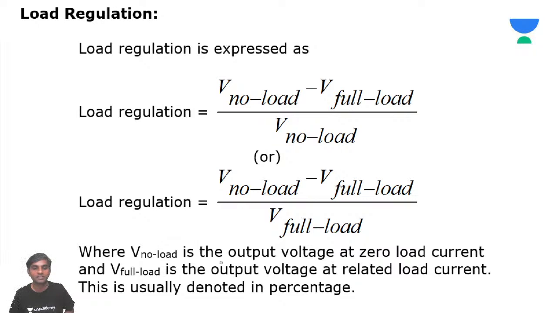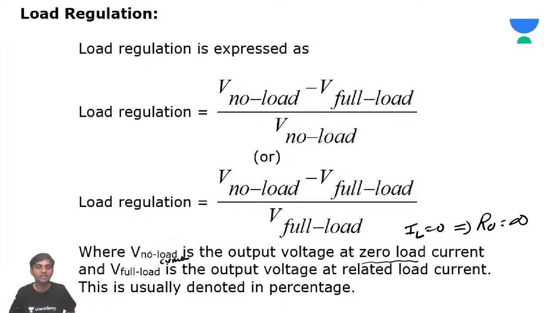Understand? Remember this, no load current. V no load means voltage at no load current, which means IL should be equal to 0, so RL should be infinite, as high as possible.